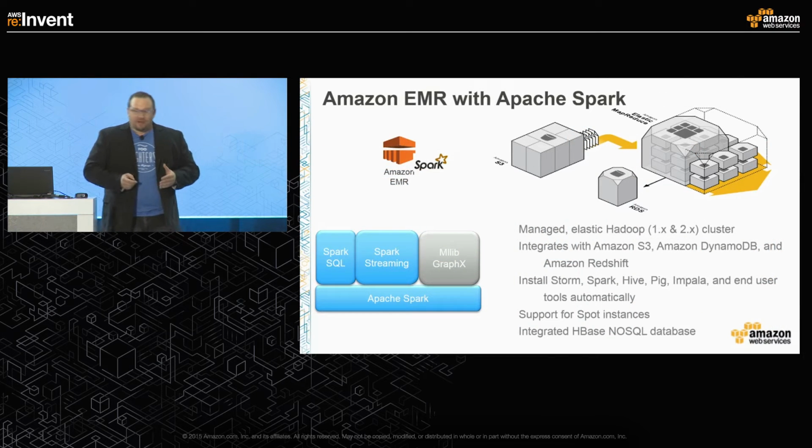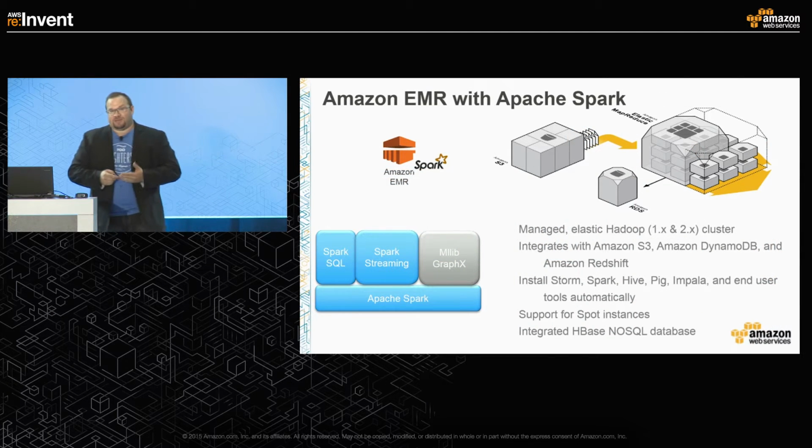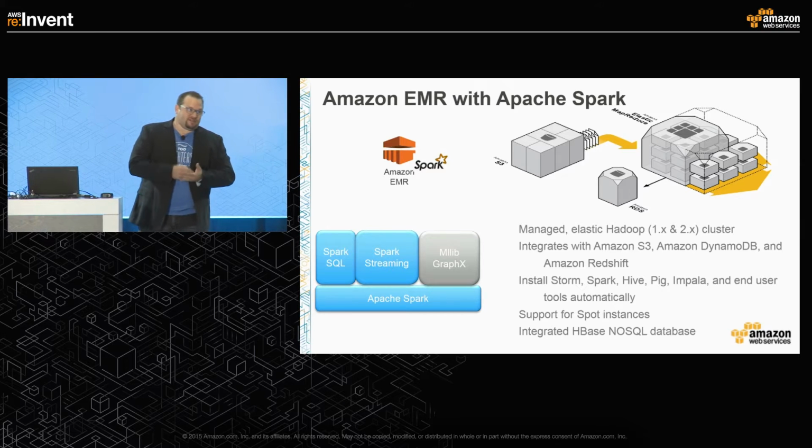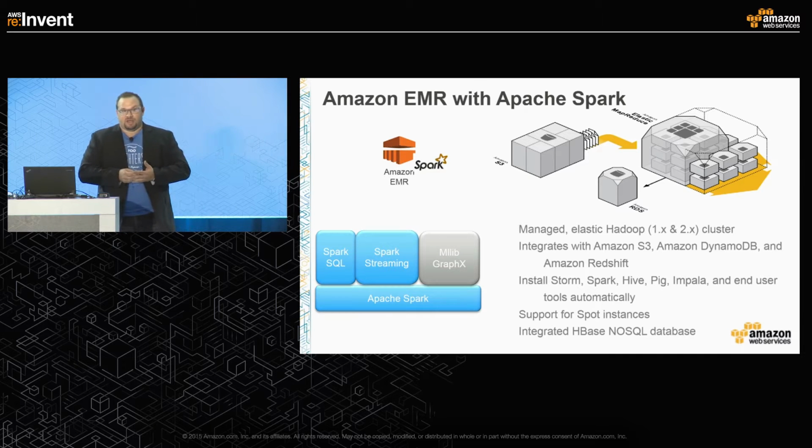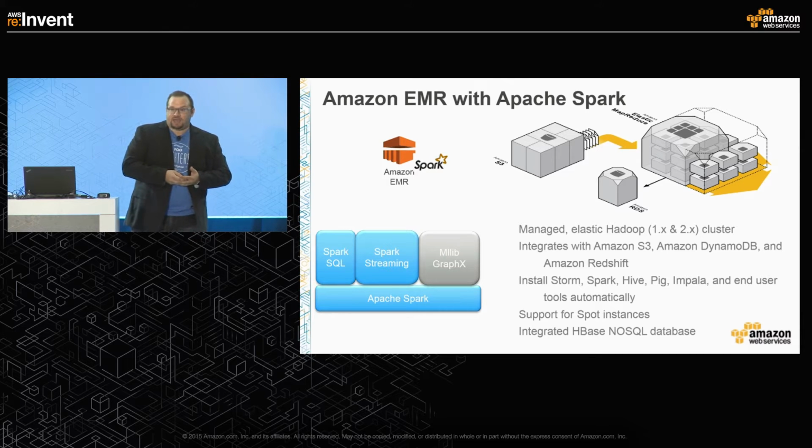Another major component is Elastic MapReduce, Amazon EMR. It's a managed service that was introduced back in 2010, providing you Hadoop as a service. We had a major change within the product, and we actually re-architected, and we're using Apache BigTop as the engine, and Apache Spark is a first-class citizen within EMR.